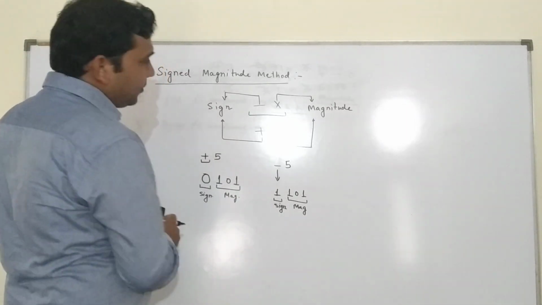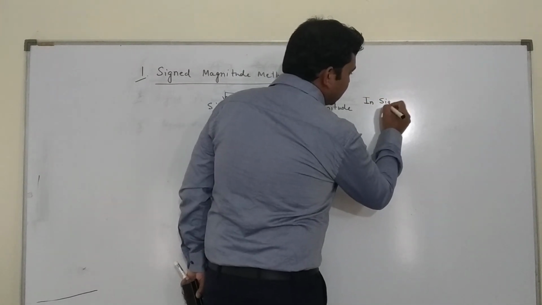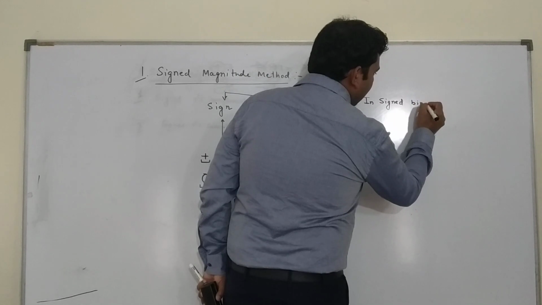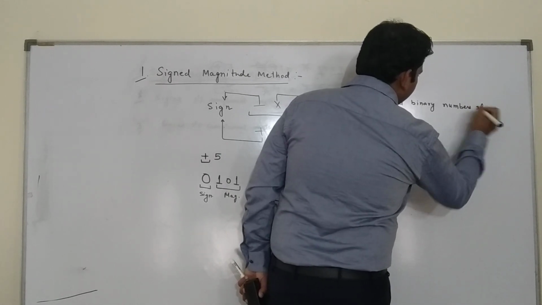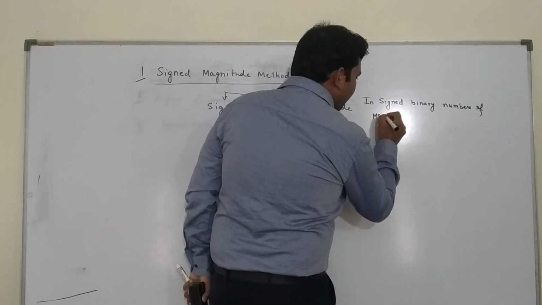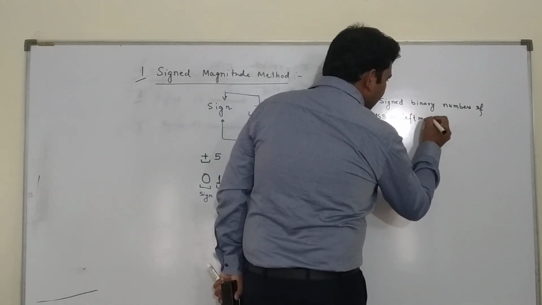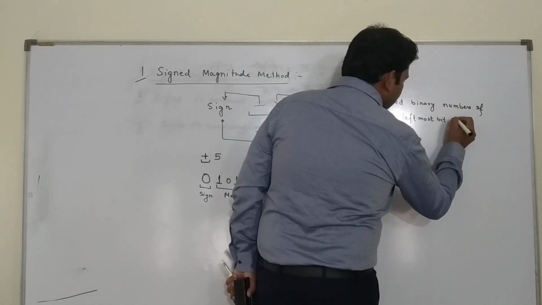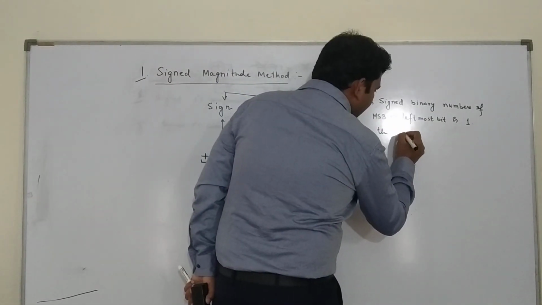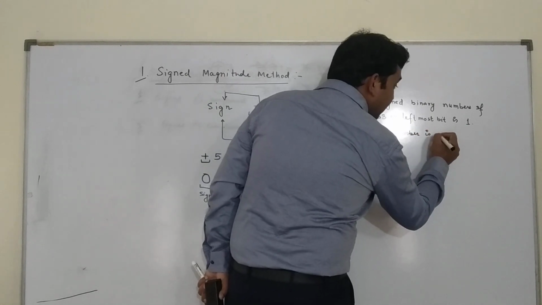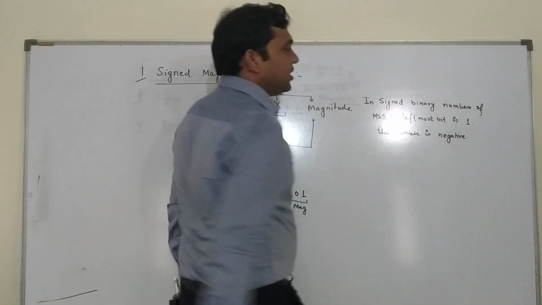So we can write here: in signed binary numbers, if the most significant bit or leftmost bit is 1, the number is negative.